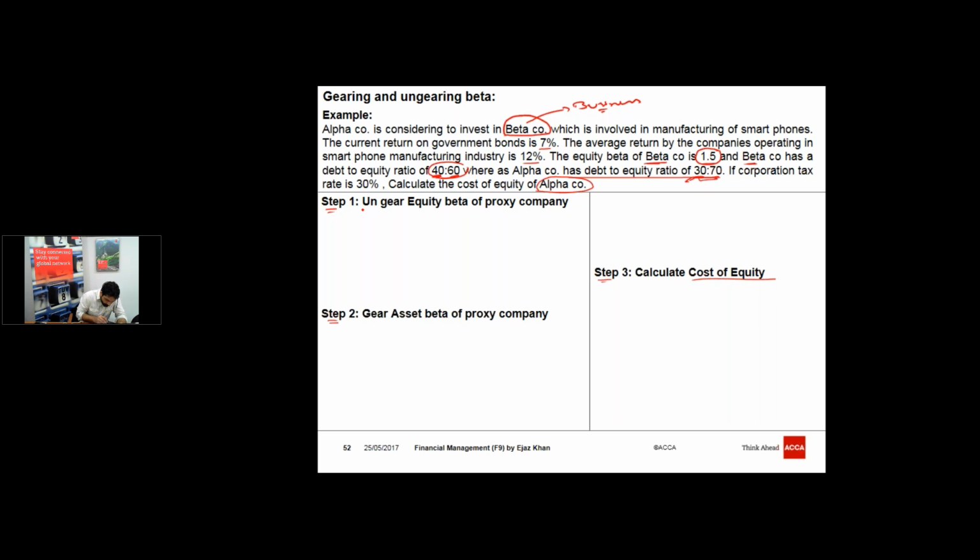So what we have to do is ungear the equity beta. What does that mean? Ungearing of equity beta means we will be removing financial risk from the beta value. And how can we do it? We have a formula for converting geared beta into ungeared beta and ungeared beta into geared beta.